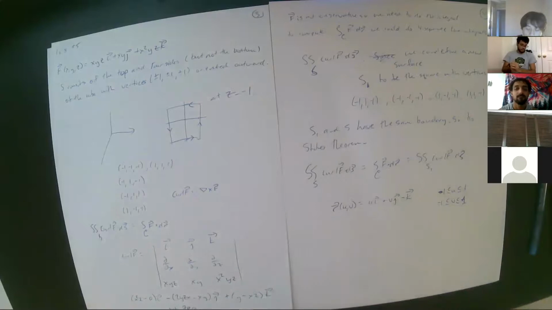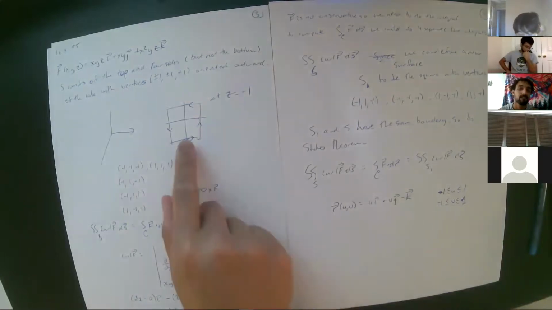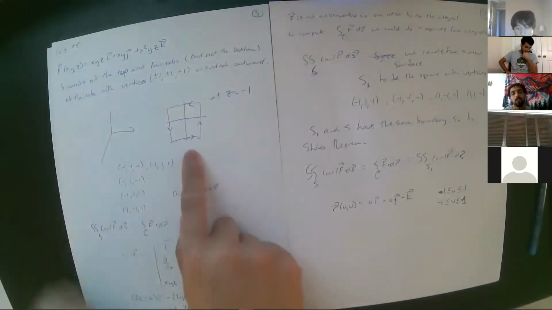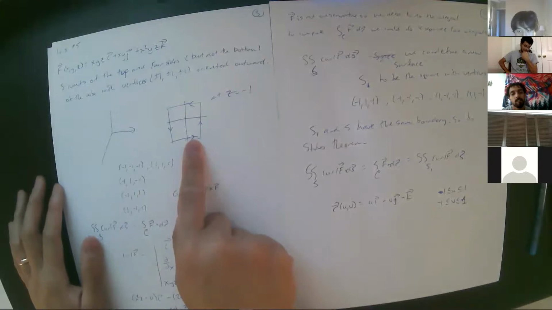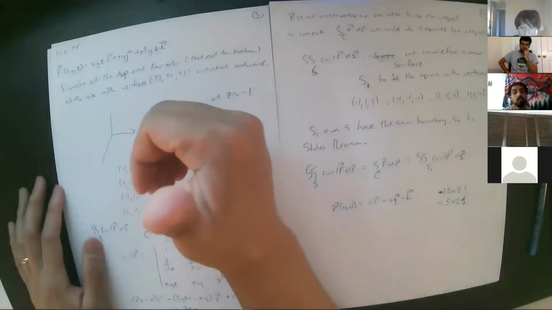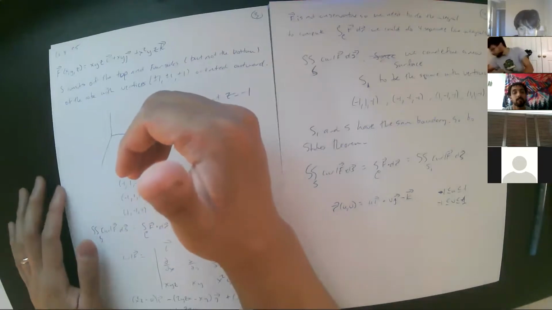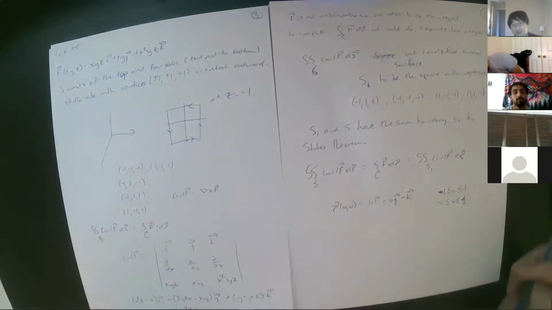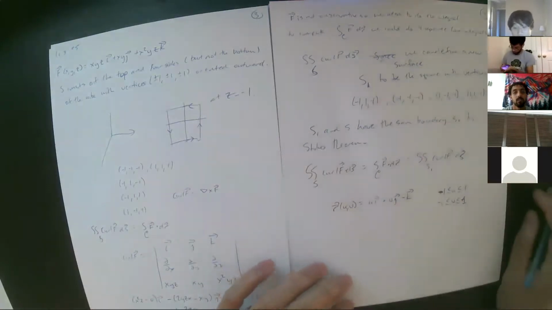We need to make sure that the boundary curve is the same as the boundary curve for S. And so if the boundary curve for S is going this way, counterclockwise, the surface needs to point up to make the right-hand rule work. So S1, sorry, is oriented upwards.